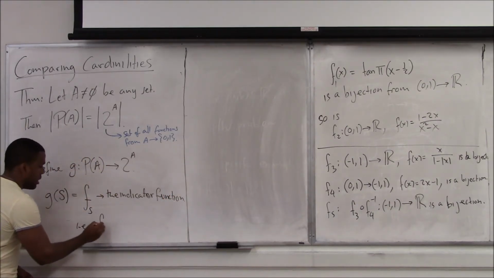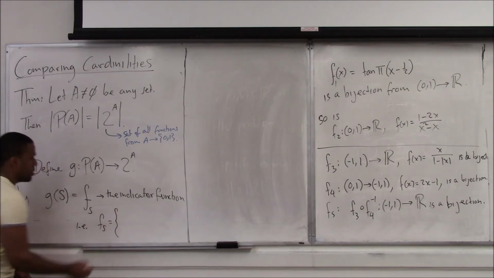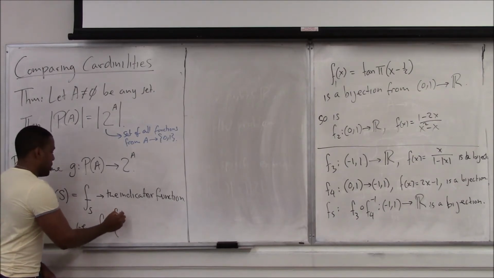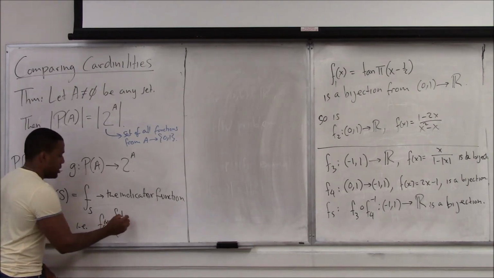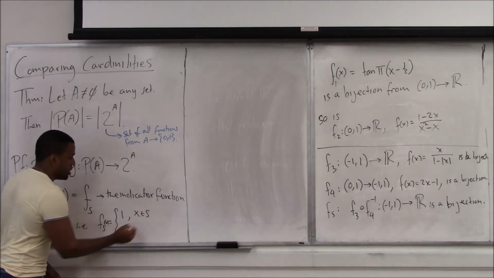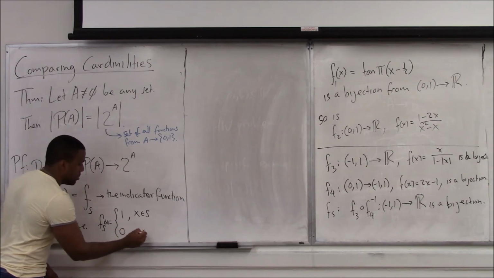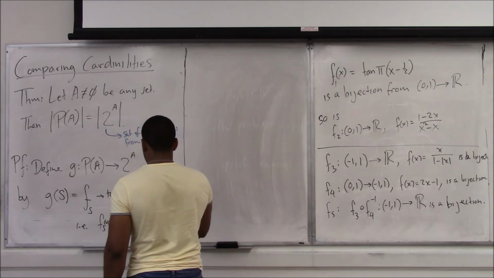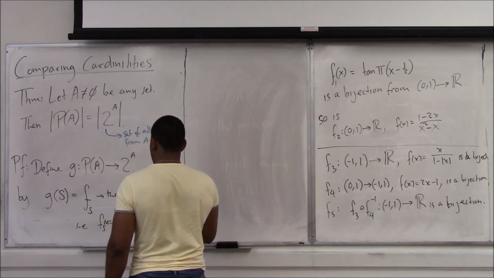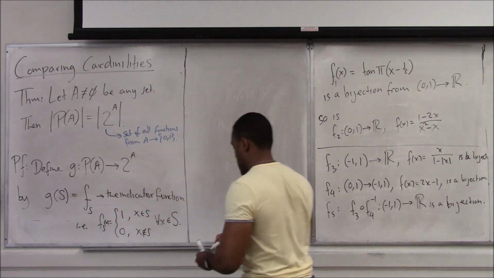That is, F sub S of x is equal to 1 if your element is in the set, and equal to 0 if your element is not in the set, for all x in the set you're looking at.